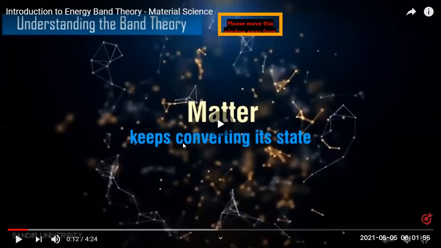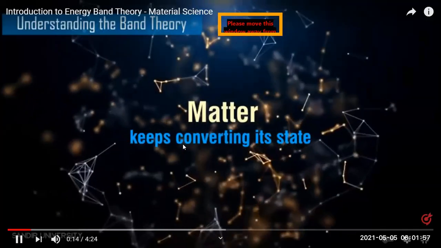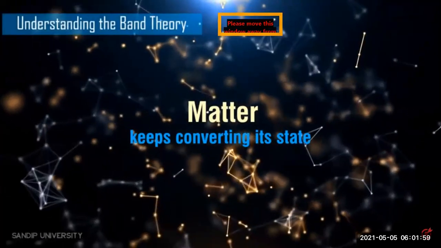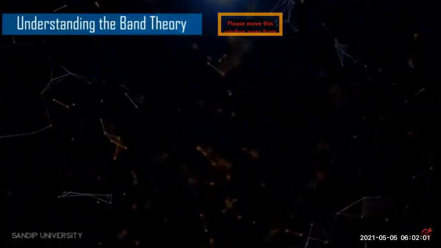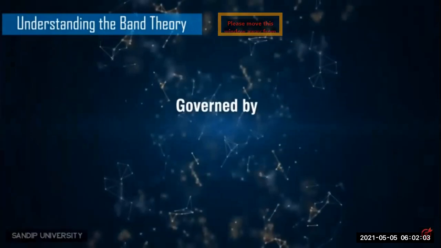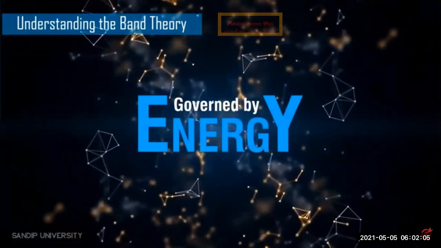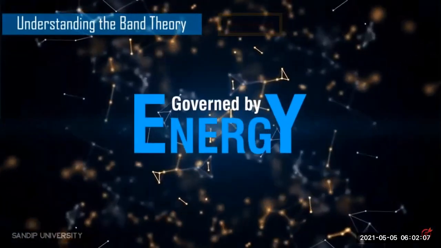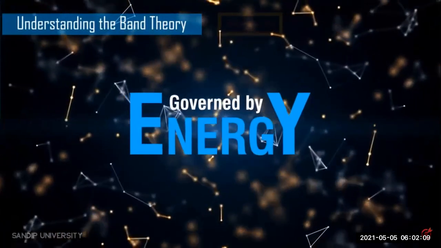Physics. We know that matter keeps converting its state and gives rise to various different properties that we see around us. This story of matter is completely governed by the energies that keep stabilizing and destabilizing the matter, and depends quite a lot on the surroundings.